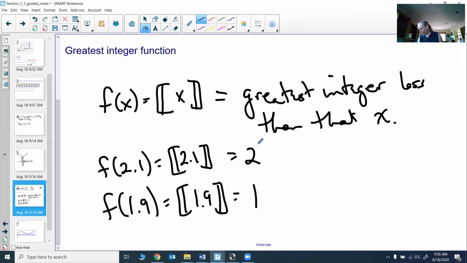Now, what is interesting is what happens right at the values, when it is exactly 1. It actually isn't just less than x, it is less than or equal to x.